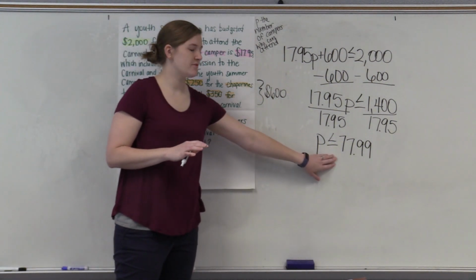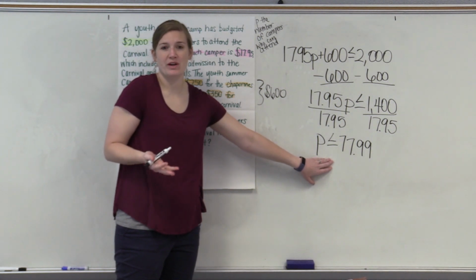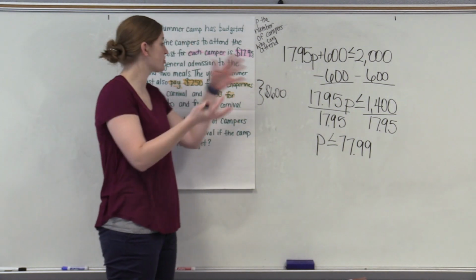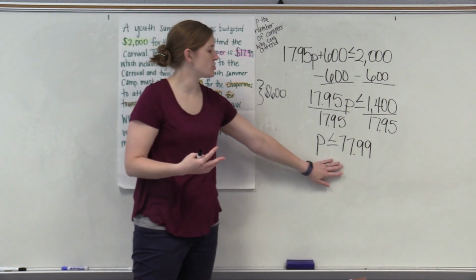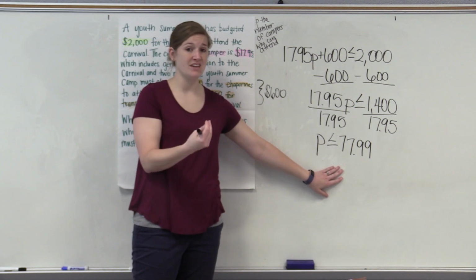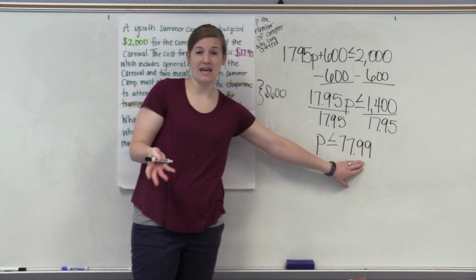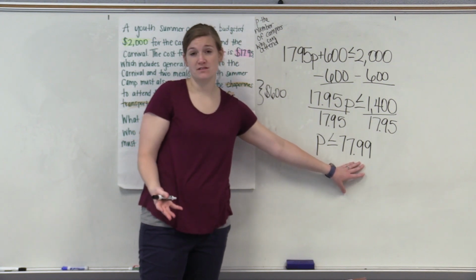So now that we have this as our solution to this inequality, we have to interpret it and we have to figure out what it means in the context of this problem. So we're running into the same issue here where this is saying that we need 77 and 99/100 campers to attend. Well, you can't have 99/100 of a camper.